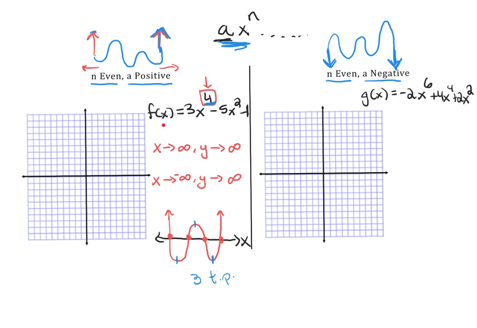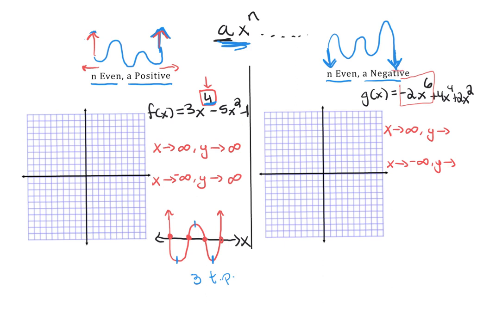Now, before I actually finish graphing this, I'm just going to talk about another function here. It still has an even exponent. This time it has a negative leading coefficient. So just looking at the leading term, now I know the end behavior.